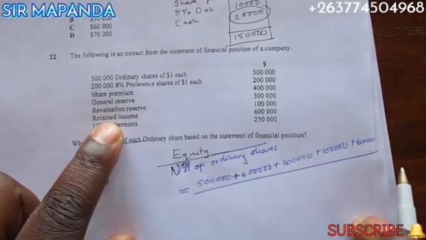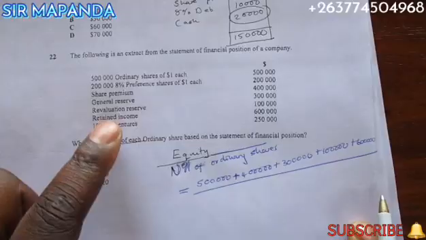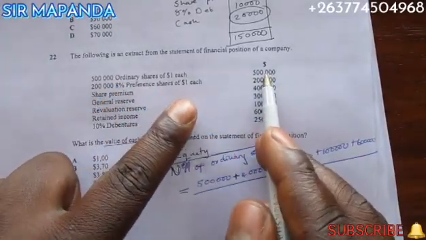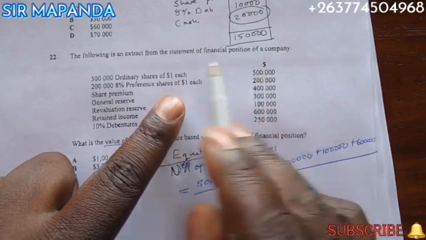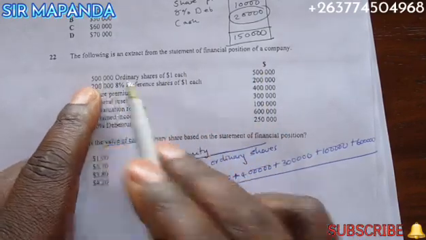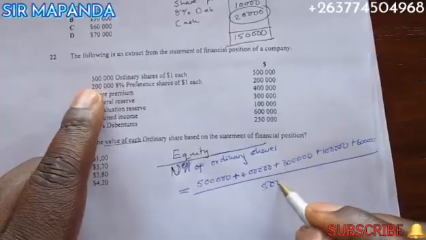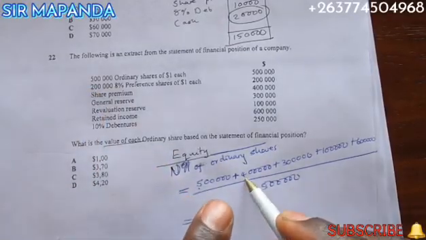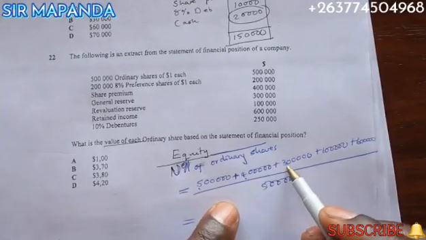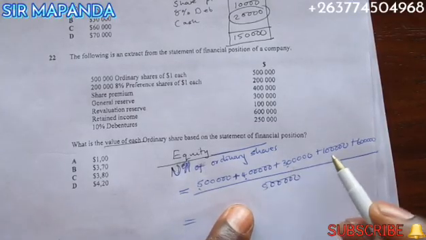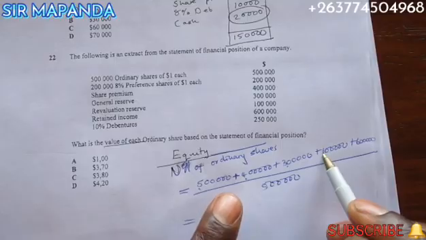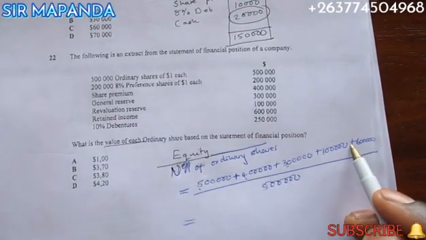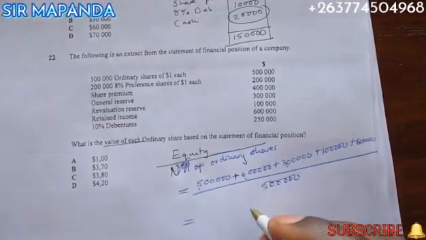Then you need to divide by the number of ordinary shares, which is found by dividing this 500 by the dollar, and they are also given as 500,000 here. So you divide by 500,000. So 5 plus 4, you get 9. 9 plus 3, you get 12. 12 plus 1, you get 13. 13 plus 6, you get 19.